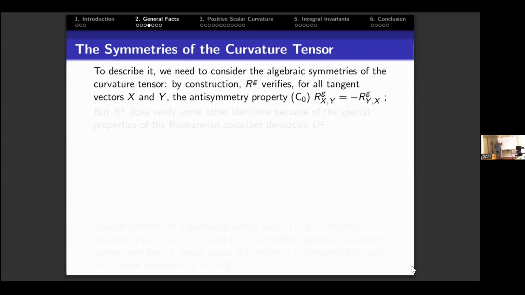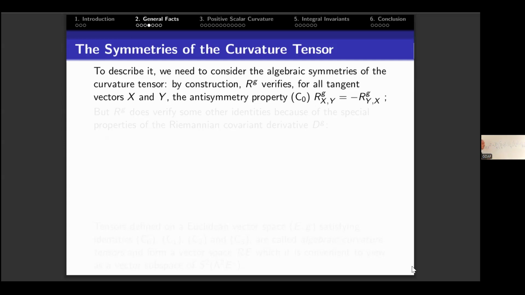So the curvature on vectors X, Y, Z, which I told you is 3 times covariant, is the covariant derivative in direction of X of the covariant derivative in direction of Y of Z, minus the covariant derivative in direction of Y of the covariant derivative in direction of X of Z, minus the covariant derivative in direction of the bracket [X,Y] of Z.